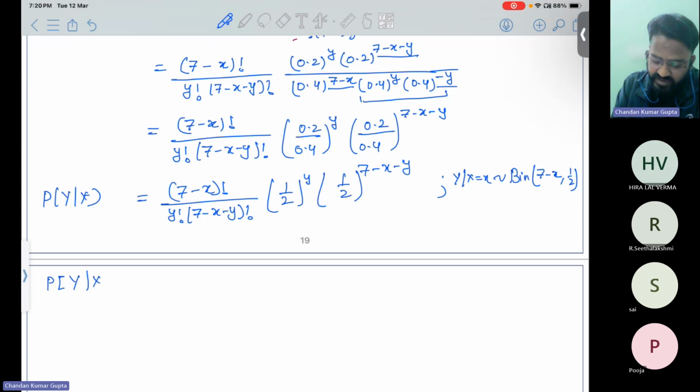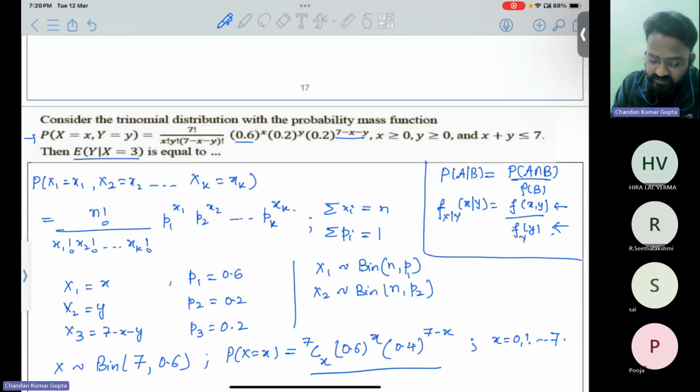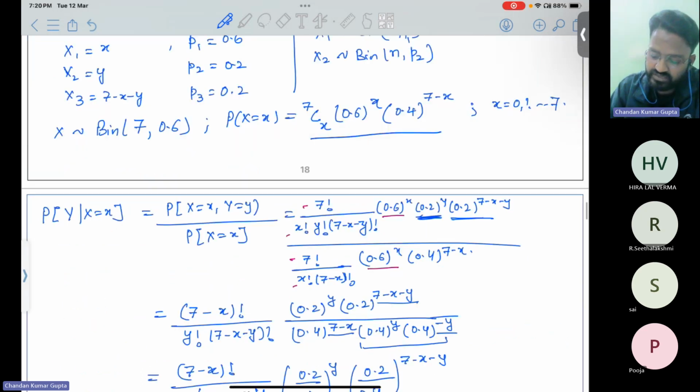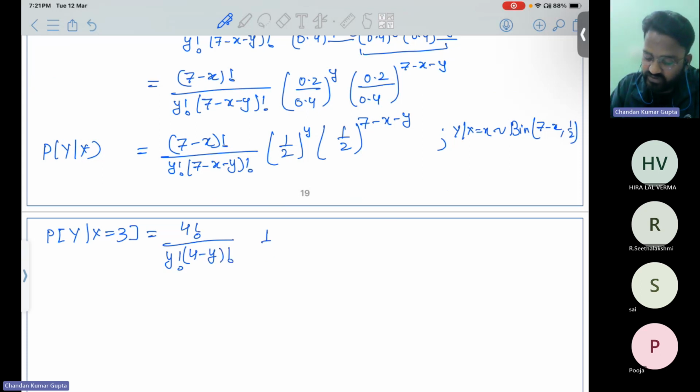Now we need to calculate the distribution of y given x equal to 3, because we need to calculate the expected value of y given x equal to 3. So y given x equal to 3 is 7 minus 3, that is 4 factorial, over y factorial, 4 minus y factorial, times 1 by 2 to the power y, 1 by 2 to the power 4 minus y.